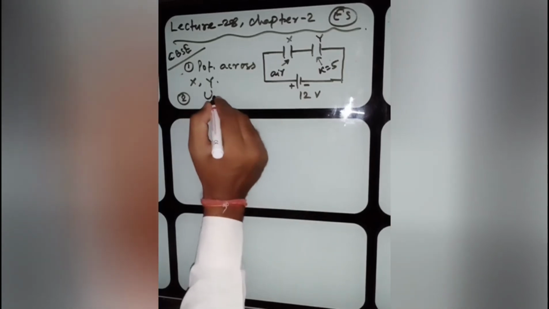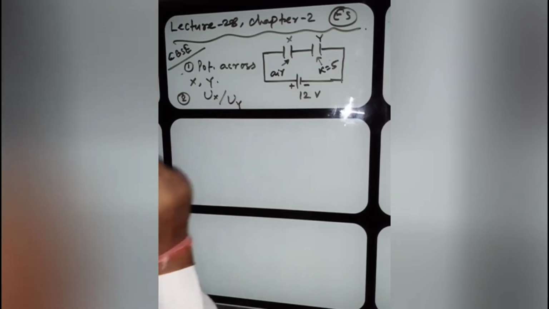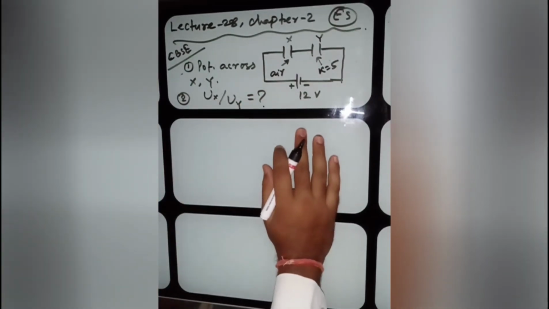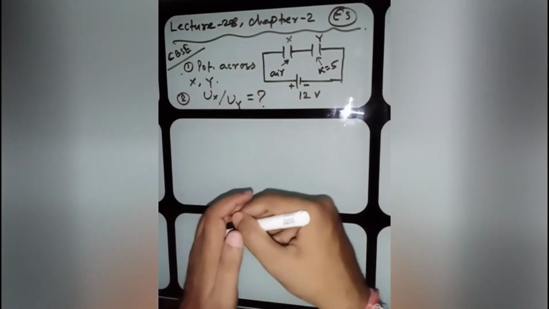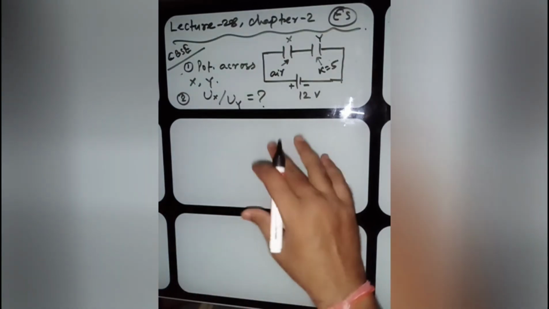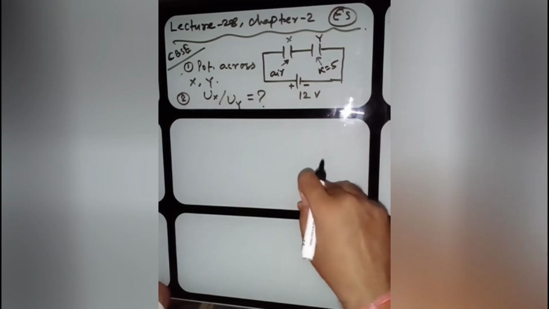If the energy stored in X is Ux and in Y it is Uy, then you have to find the ratio. So this was the question. If you can solve, pause your video and try to solve this question. This is a very important question, my dear students. Try to solve by yourself.